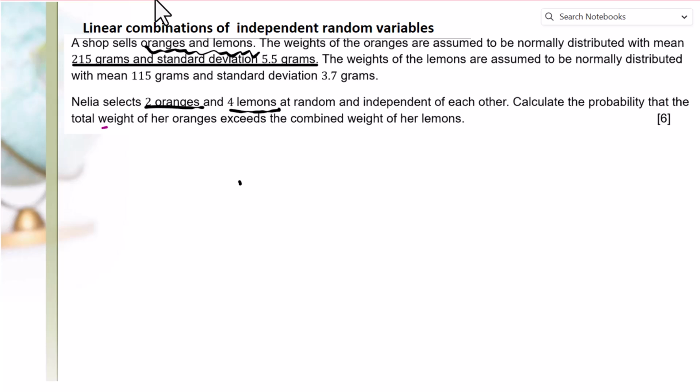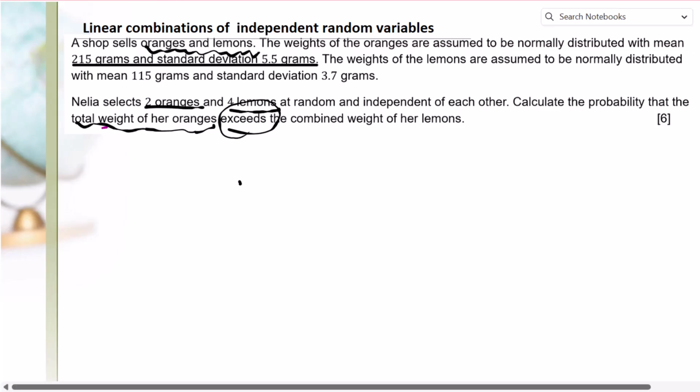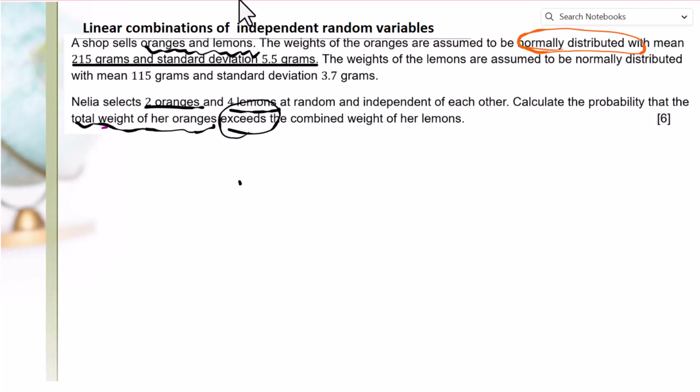Calculate the probability that the total weight of oranges exceeds the combined weight of her lemons. Whenever you say normally distributed, you will define a random variable.